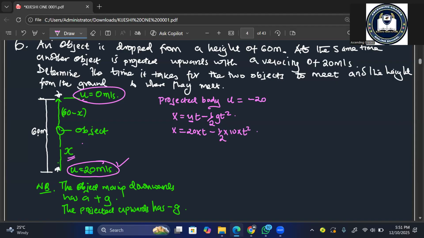And in this case, we obtain our equation 1. So x will be the same as 20t minus 5t squared. This becomes our equation 1.